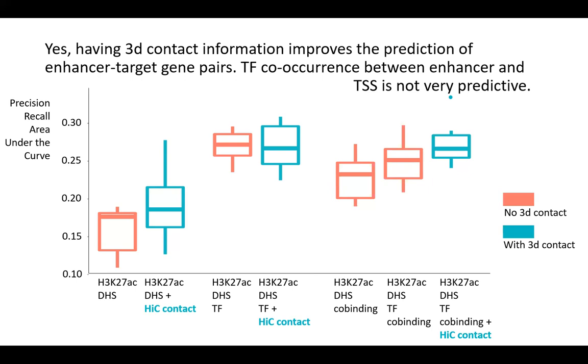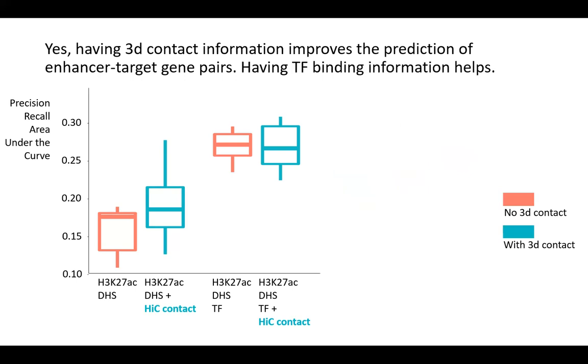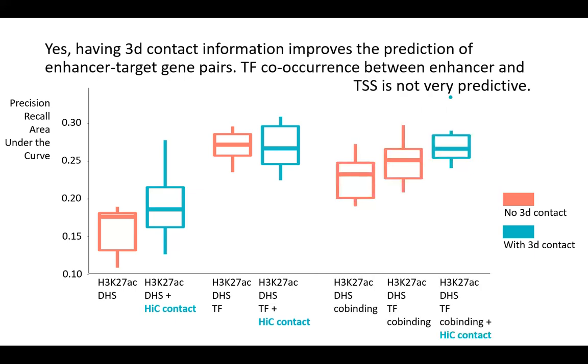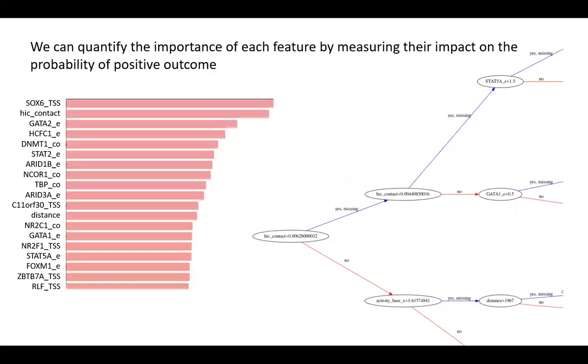Overall, what we found was that if you have transcription factor information, it increases the prediction more than not having the transcription factor information, but having co-occurring peaks between enhancer and promoter doesn't really increase the prediction very much. So seems like that doesn't really matter.